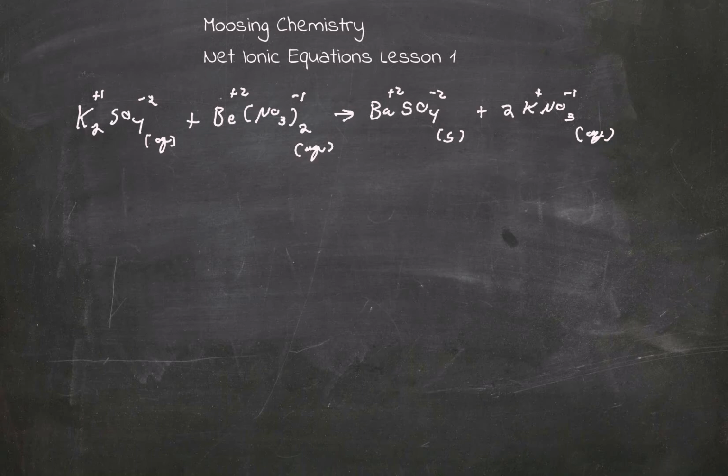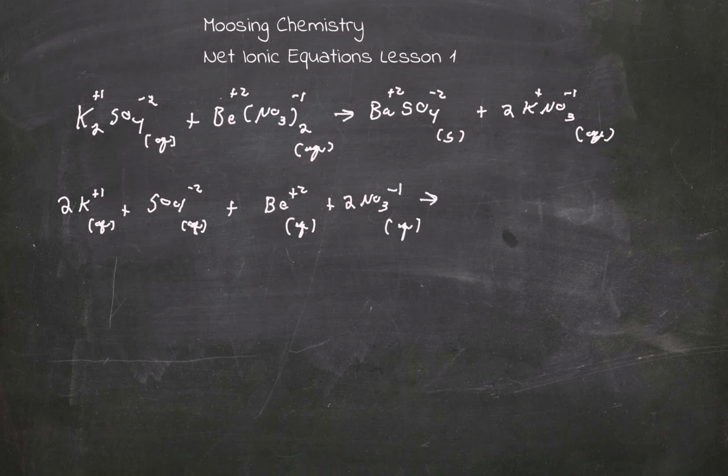So let's write an ionic equation. We're going to call this 2K plus 1 AQ, plus SO4 minus 2 AQ, plus Be plus 2 AQ, plus 2NO3 minus 1 AQ.